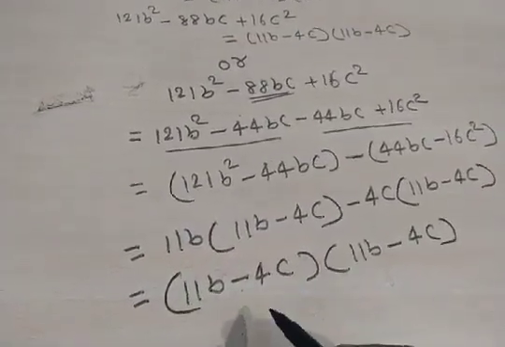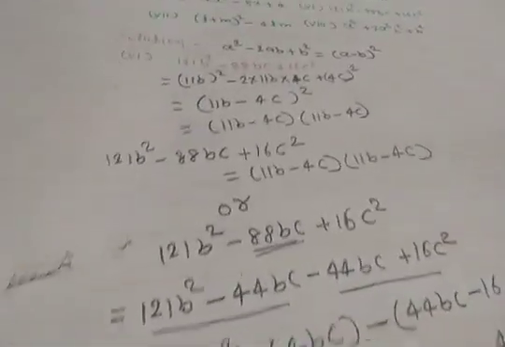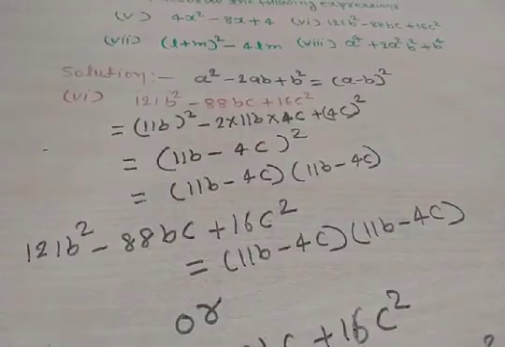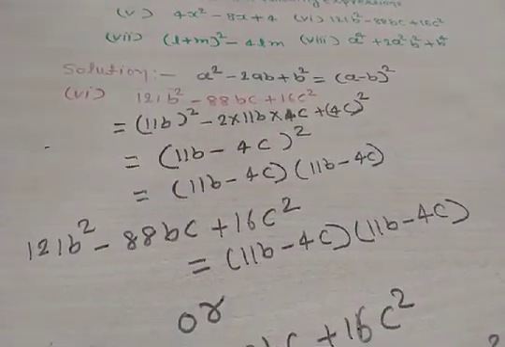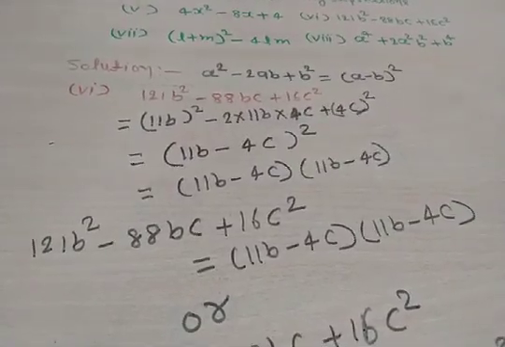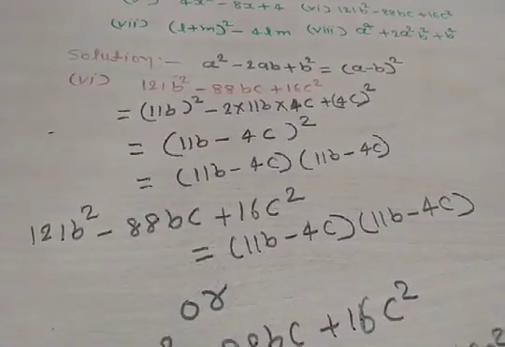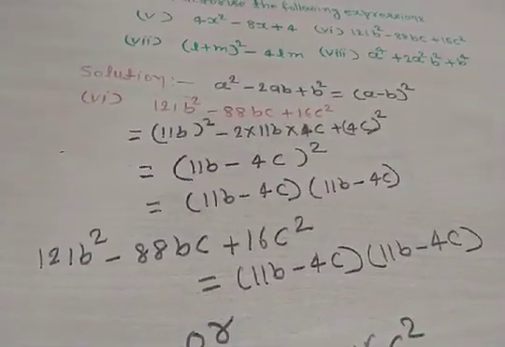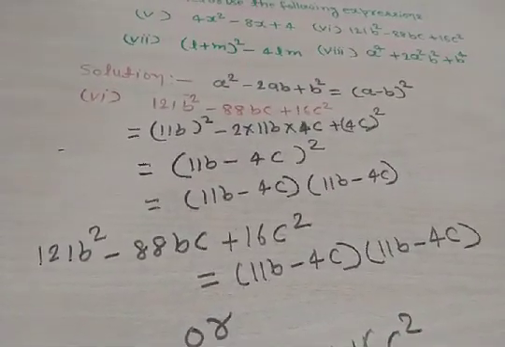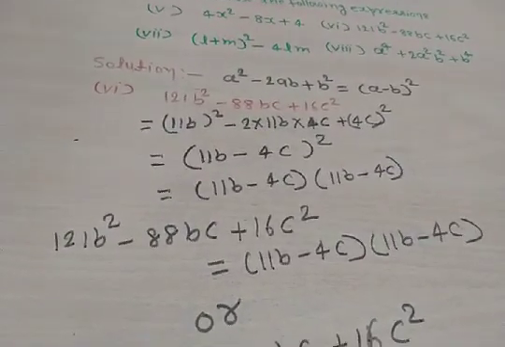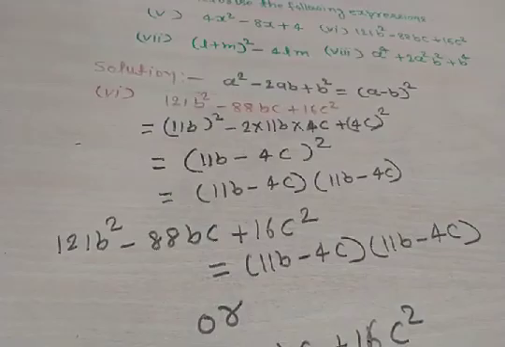Okay, in this method, and also we use the identity: whole square of A minus B is equal to A square minus 2AB plus B square. Also we find the same factorization, 11B minus 4C into 11B minus 4C. So in both methods you can use.